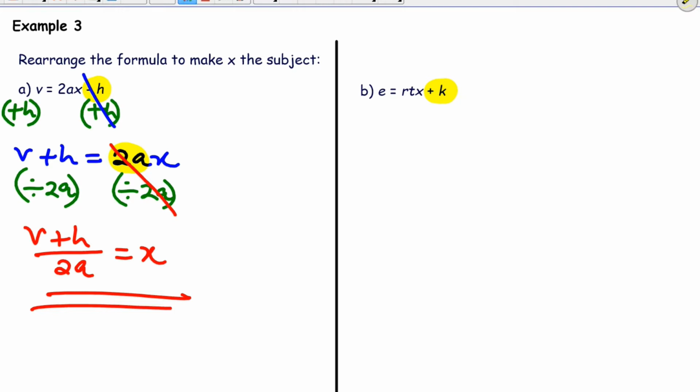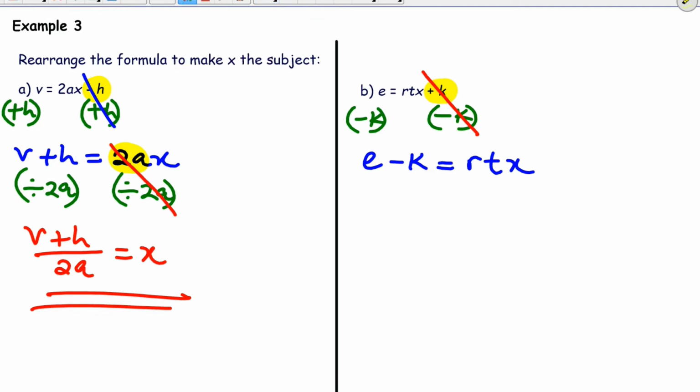So if we subtract k on each side, what we shall end up with is k minus k will be equal to 0. So that's gone. So what we shall be left with is e minus k is equal to rtx.